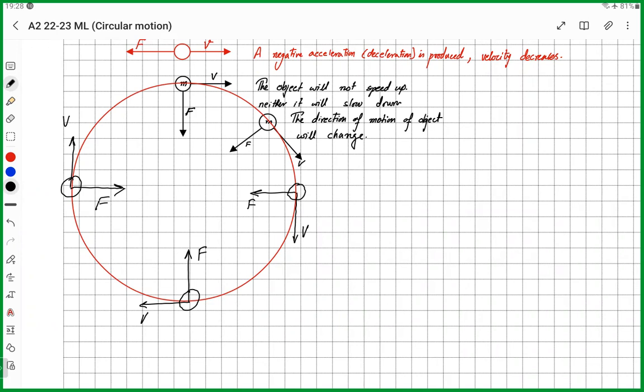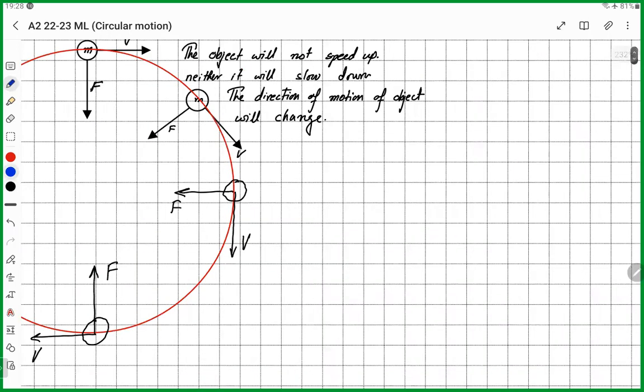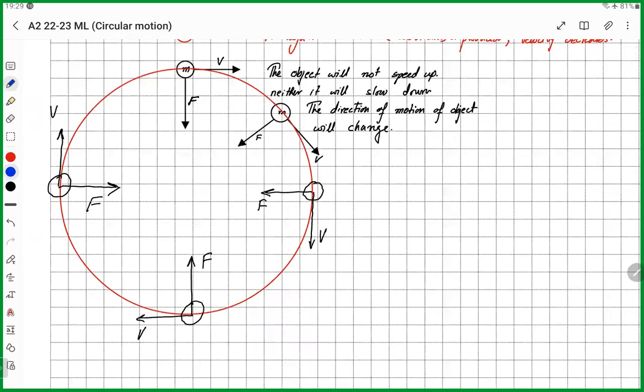Answer is no. But is this force changing velocity? Answer is yes, because it is continuously changing the direction of motion. And one more thing, although it is a consequence, because this force is always perpendicular to the tangential velocity, it always acts towards the center of the circular path, so we call it centripetal force.